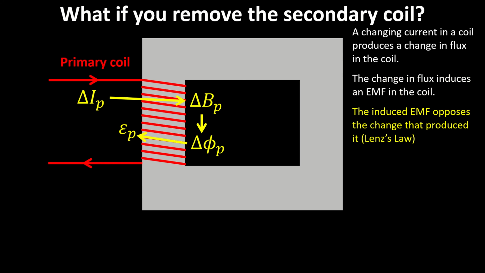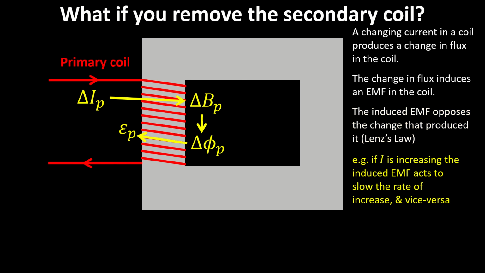So for example, the change that produced it was initially the changing current. If that current was increasing, then that EMF would be oriented so that it would slow the rate of increase. It wouldn't stop it, but it would increase at a slower rate, and vice versa.